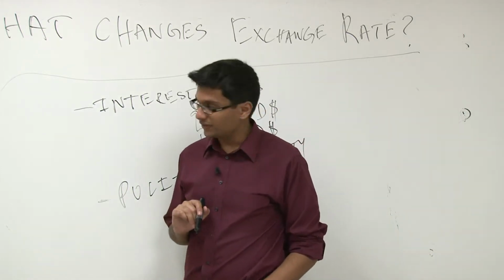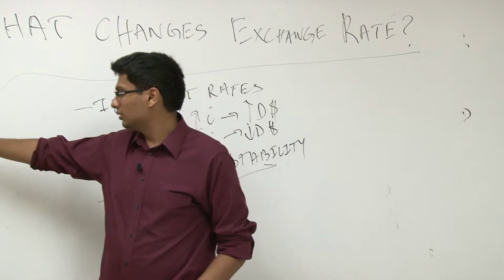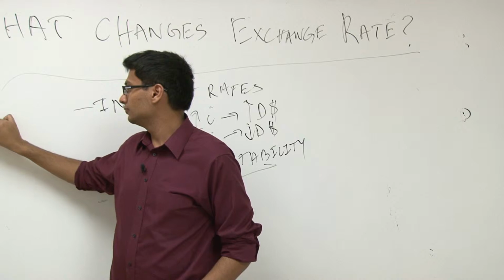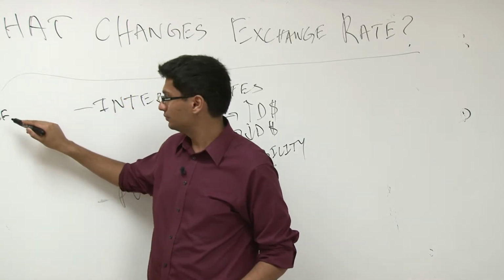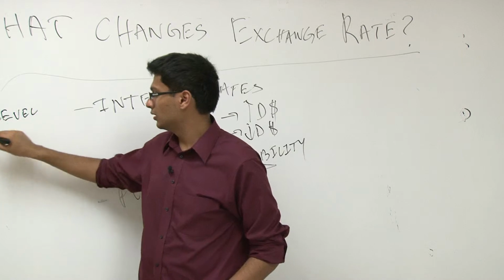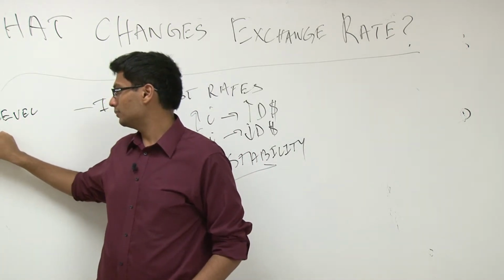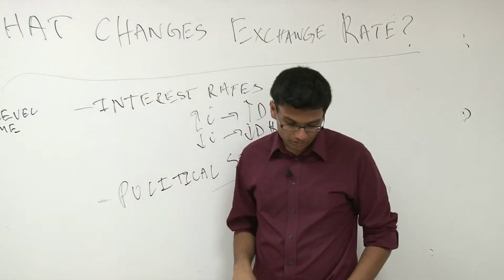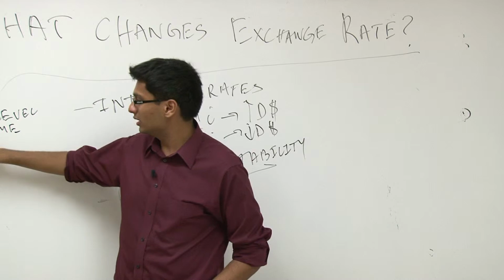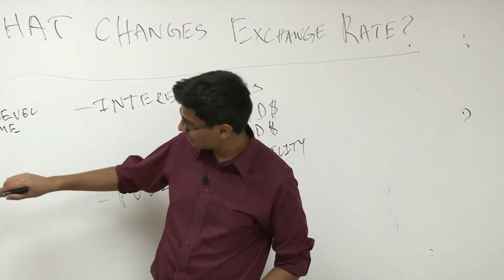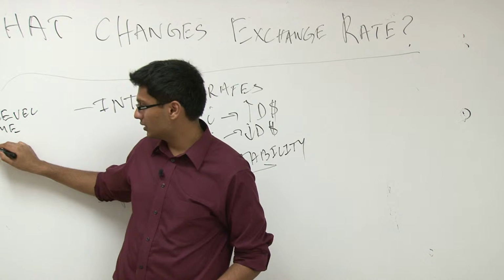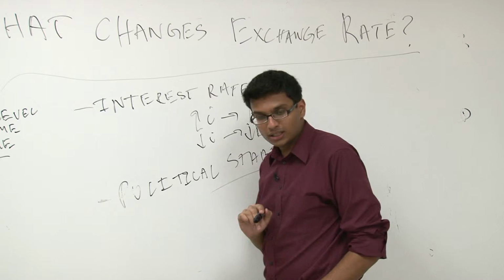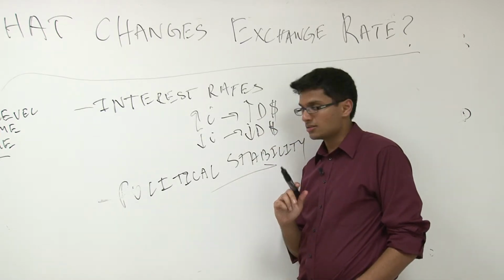Let's talk about the relative level of income. Why is that important? Well, generally speaking, the higher the level of income in a country, let's say that all of a sudden, the US's income goes up.